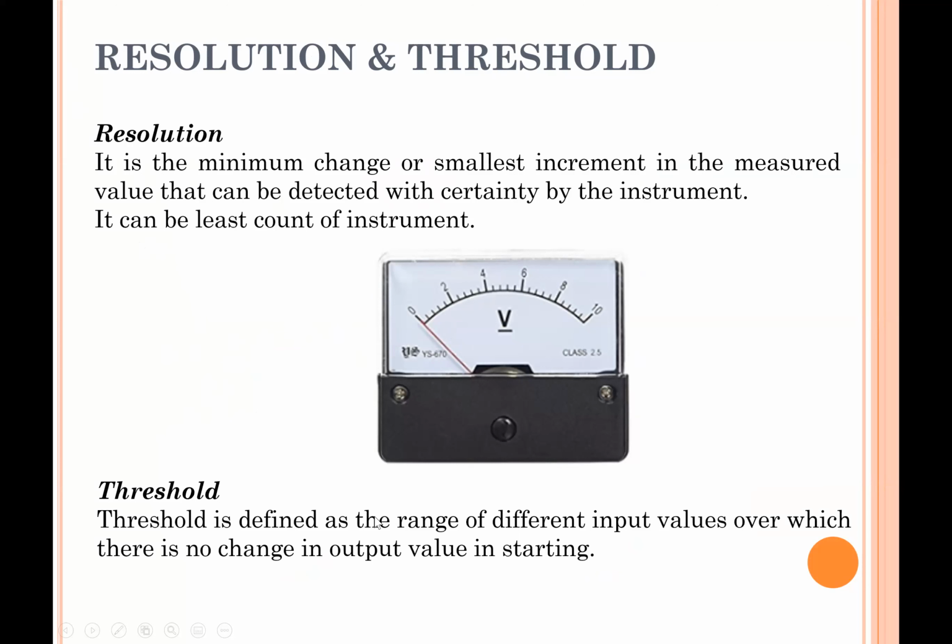Then we have threshold. Threshold is defined as the range of different input values for which there is no change in the output value in the beginning. So meaning to say कि threshold value जब तक कि input पर achieve नहीं होगी, वो device active ही नहीं होगा. For example, suppose you have a motor. Now, every motor has certain basic value of voltage which has to be given to it.